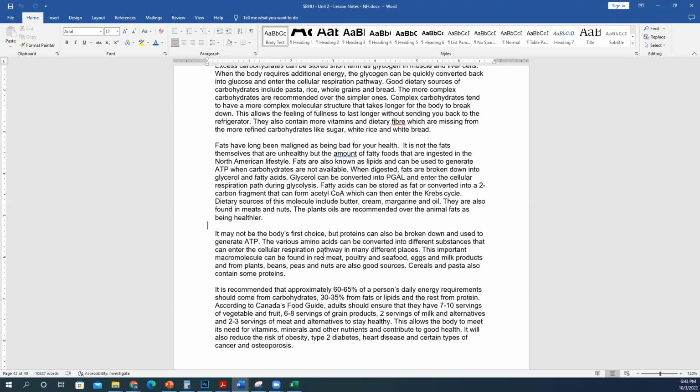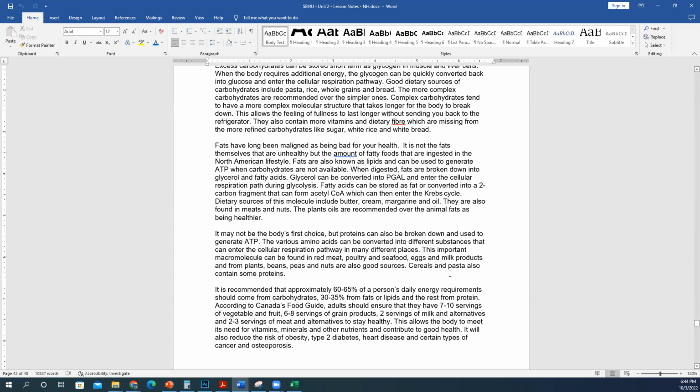We're not going to go into this in very much detail, but it's important to understand that the protein macromolecule, found in protein sources such as red meat or poultry or fish, seafood, eggs, milk products, and even in plants, beans, peas, and nuts, are all good sources of protein, which can also be converted to produce energy.